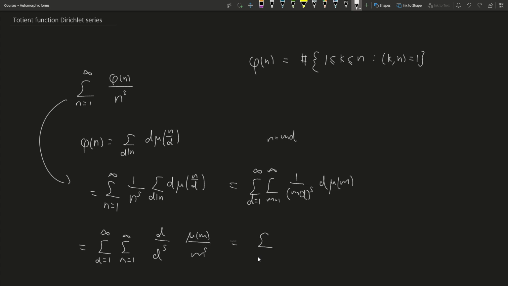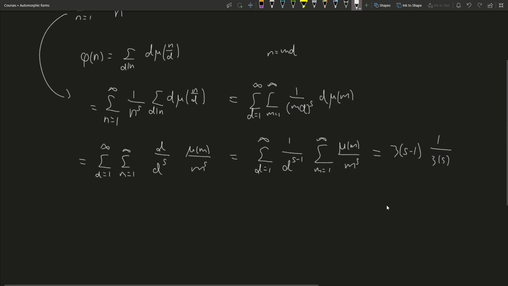This is going to be a sum over d from 1 to infinity of 1 over d to the s minus 1, and then the sum over m from 1 to infinity of mu of m over m to the s. This is going to be equal to, so this term is the Riemann zeta function evaluated at s minus 1, and this term here is 1 over the Riemann zeta function at s.